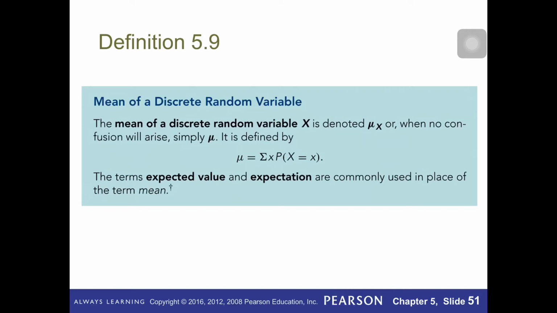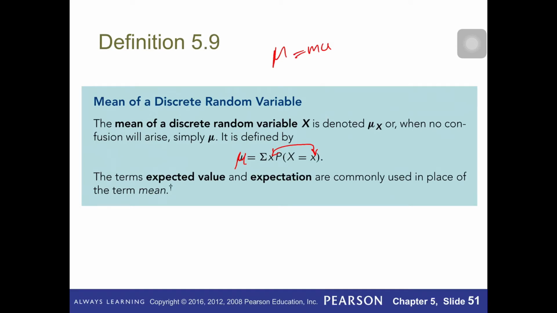The mean of a discrete random variable we denote by mu. We call this mu equal to the summation of x times probability of X equals x. These x's are the same.